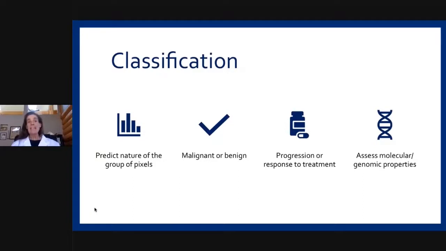And then the last part, which I think is really where we're heading with a lot of this AI, is looking at the genomic properties and really understanding why certain tumors in certain patients act a certain way because of their specific genetic makeup.